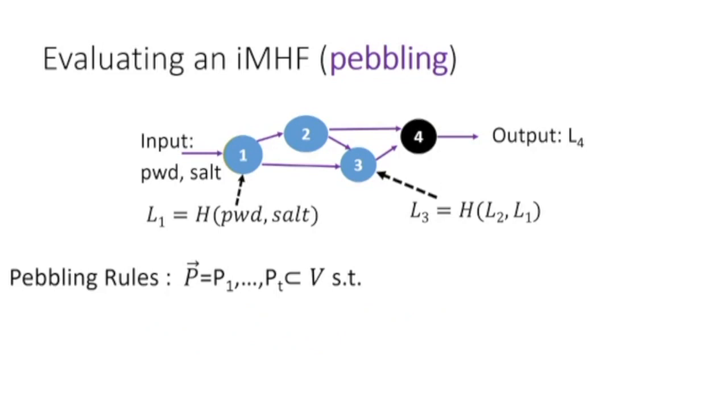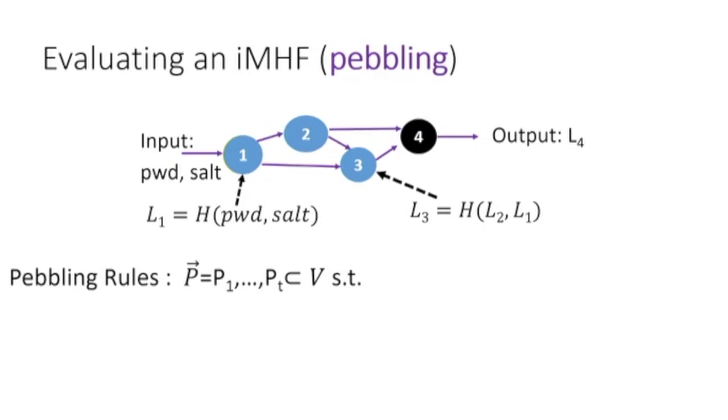Well, to evaluate this function, we can introduce a helpful abstraction called graph pebbling. The idea of graph pebbling is as follows. So you start off with no pebbles on the graph, and then at time i, you can place a new pebble on the graph if and only if you had pebbles on all of the parents of that node in the previous step.